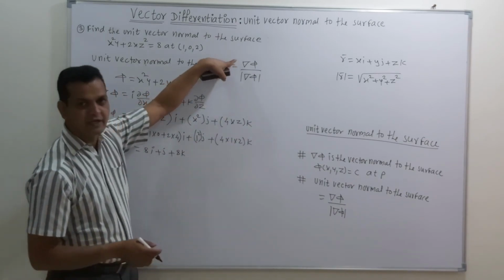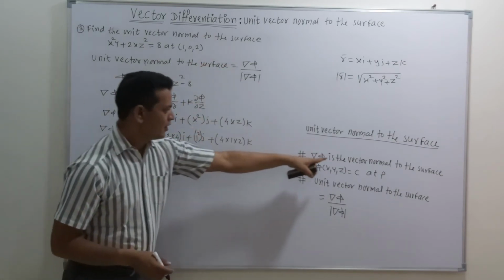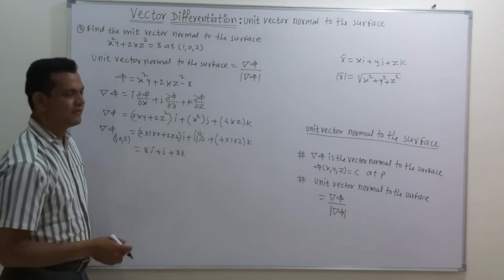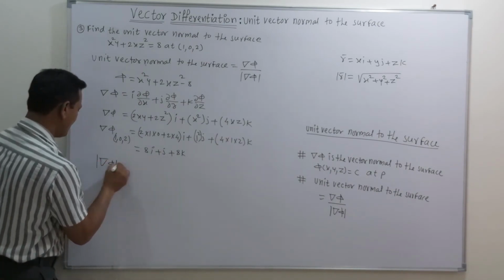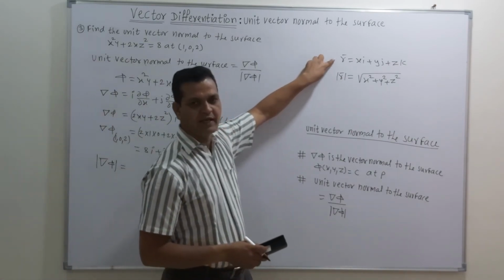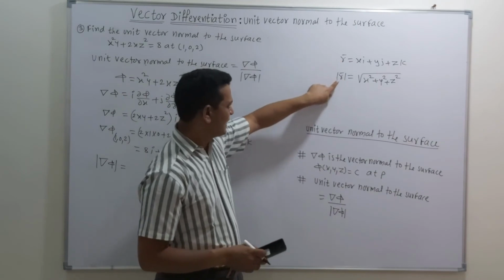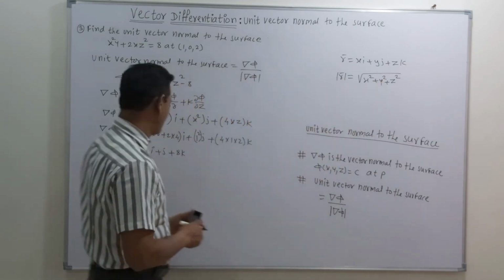So we get the value of the numerator, which is called the vector normal to the surface, which is the value of del phi. Now friends, find out the magnitude of del phi, and we know how to find the magnitude. If r is the vector defined as xi plus yj plus zk, then its magnitude is defined as root of x square plus y square plus z square.